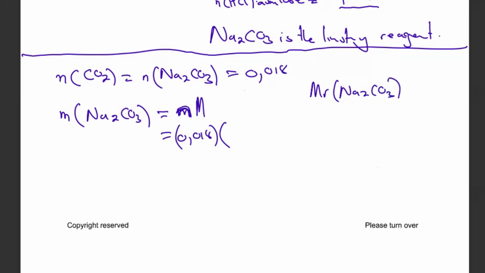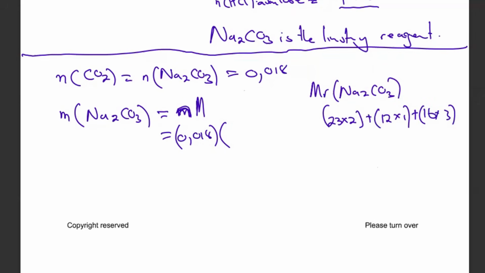For the M of Na2CO3, we say sodium 23 multiplied by 2, plus carbon, 12 multiplied by 1, plus oxygen, 16 multiplied by 3. If we do our math there, we get a value of 106.